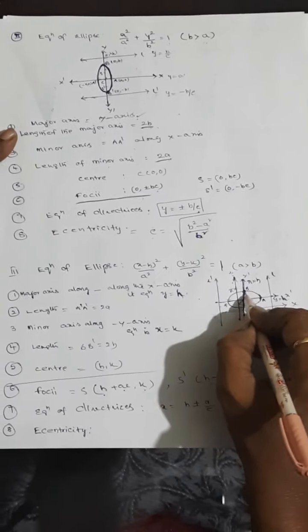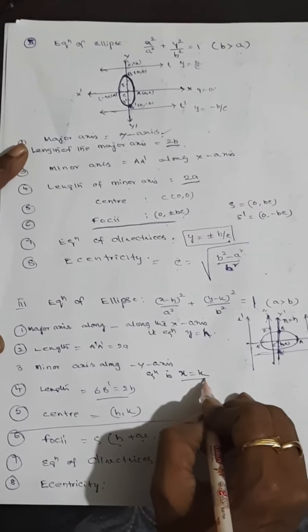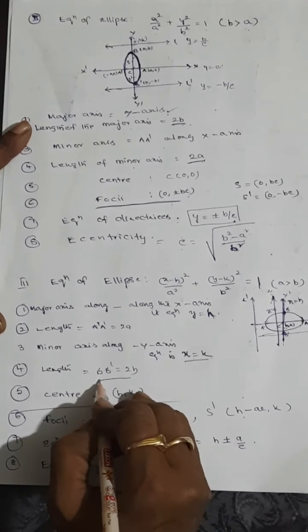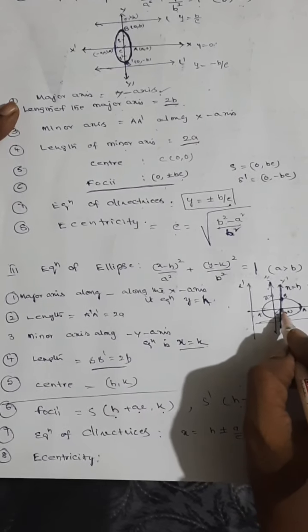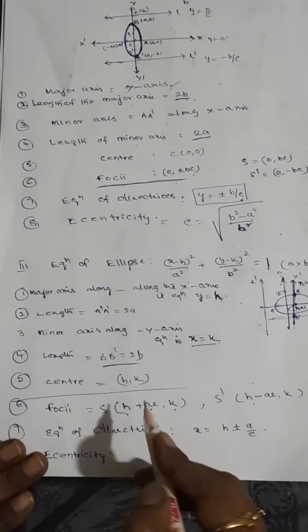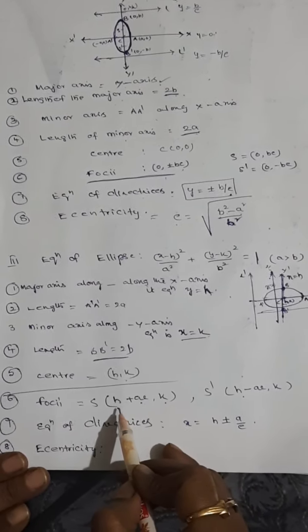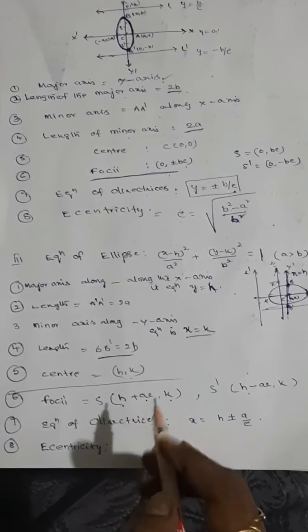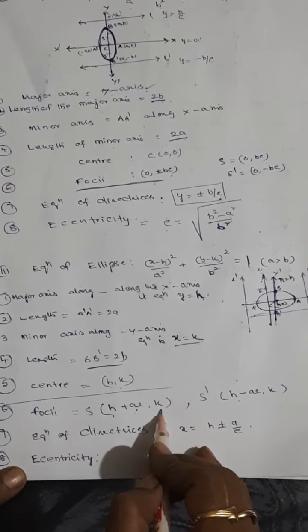The length of the minor axis BB dash is 2b. The equation is x is equal to k and its minor axis length is 2b. Its center is h, k. The focus S is (h plus ae, k): the x coordinate is h plus ae and the y coordinate is k.